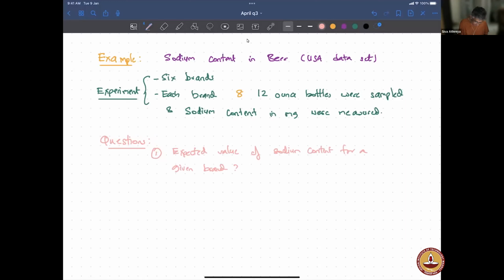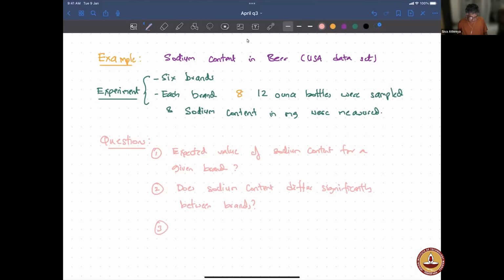Then the next thing, like we discussed last time for the buttermilk and calcium, same idea: does sodium content differ significantly between brands? That's the question to ask.